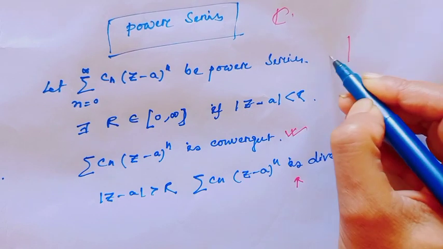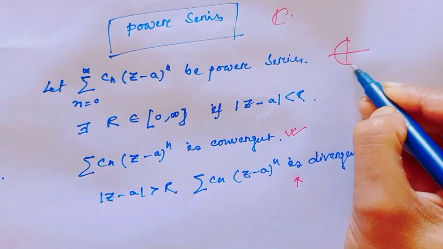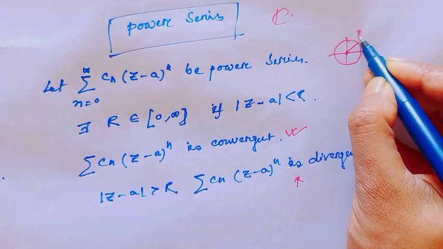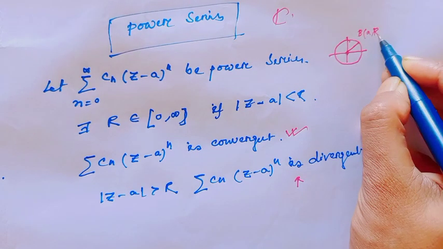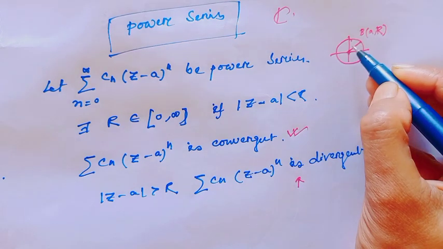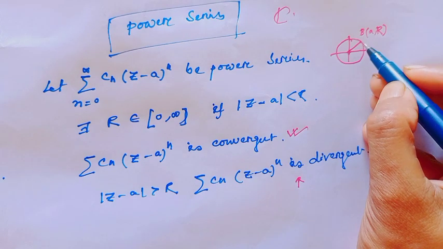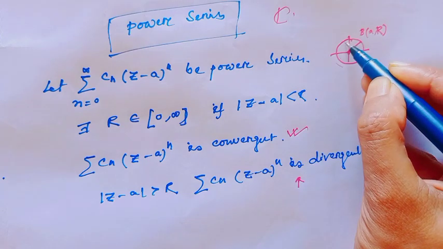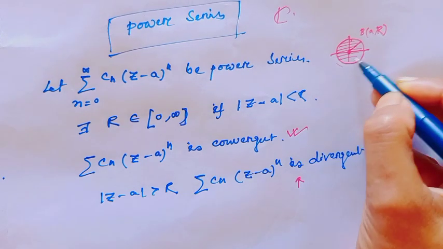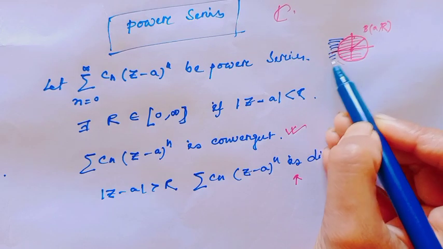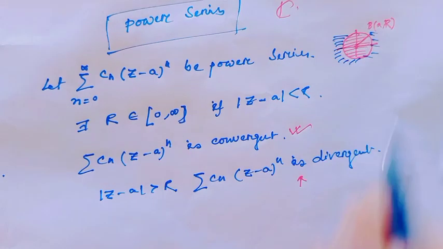This means there exists a ball which is centered at a with radius R, and R is the radius of convergence of this power series. In this region the power series is convergent, and this is the interval of convergence, and here this power series is divergent.